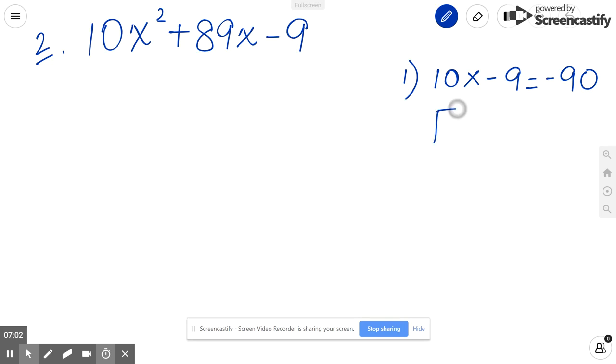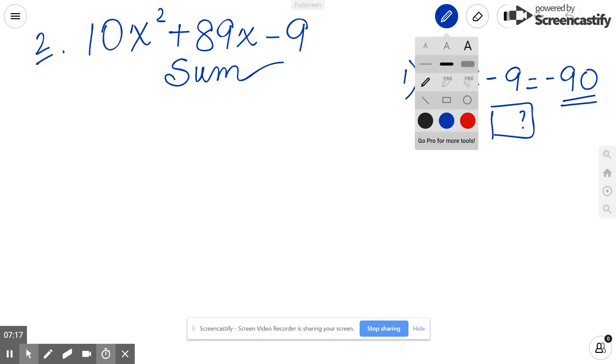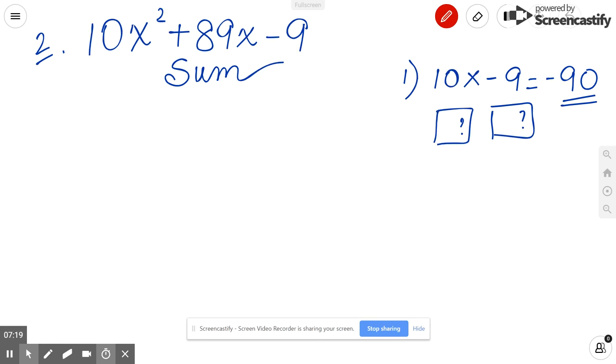And then now we just have to think of 2 numbers which will hold true for this type of question. So basically I'm thinking of 2 numbers which when multiplied give me negative 90, but which when added give me plus 89. So hopefully by now you are already done thinking, or if you want to take your time, you can pause the video and think of the 2 numbers.